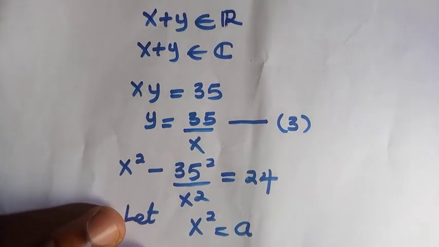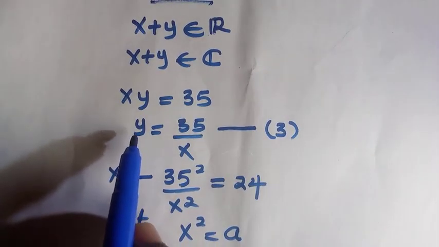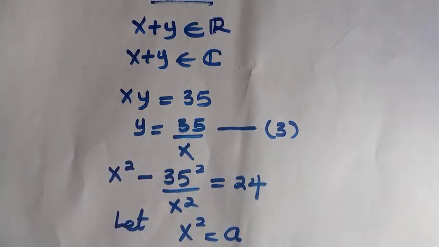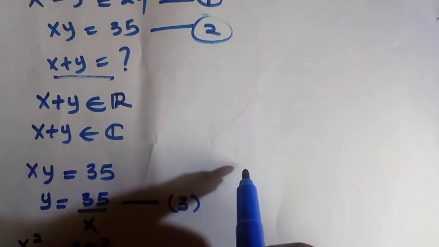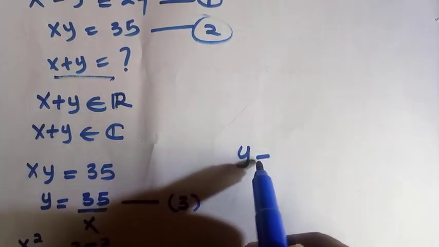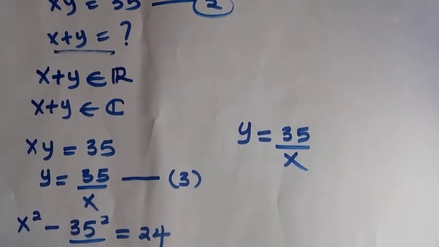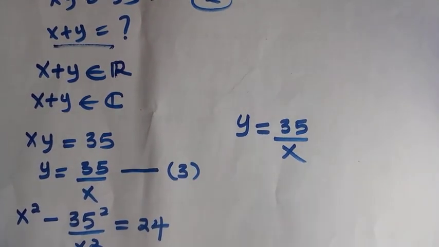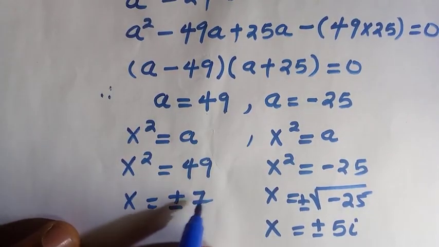Similarly, we are going to use equation 3 to get the value of y, which is 35 divided by x. So for the first x, we say y equals 35 divided by x, at x equals plus or minus 7.